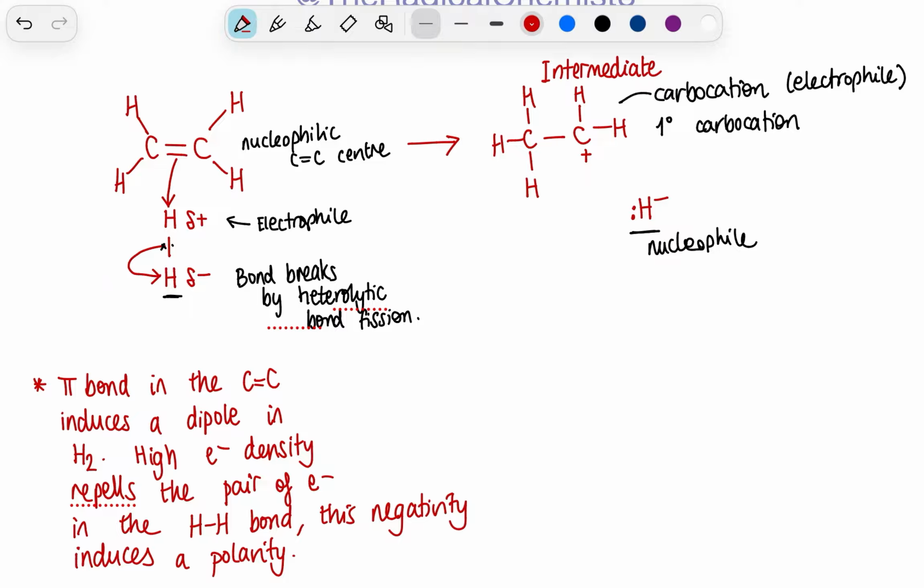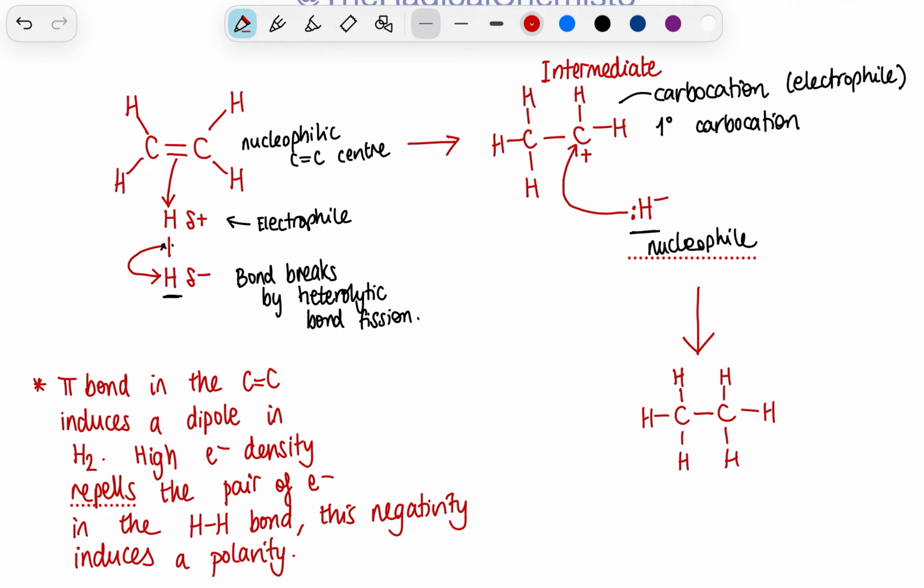So your arrow now starts from the electron-rich area, the lone pair, towards the electron-deficient carbon. And then finally, your product would be this. So you've gone from ethene to ethane in this reaction.